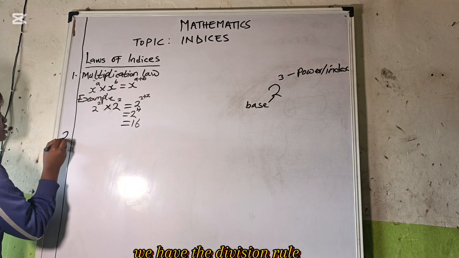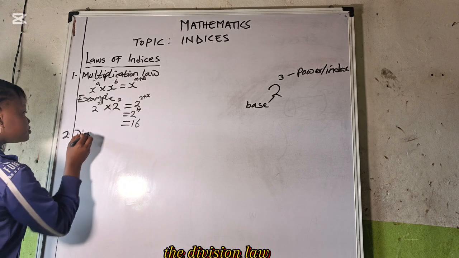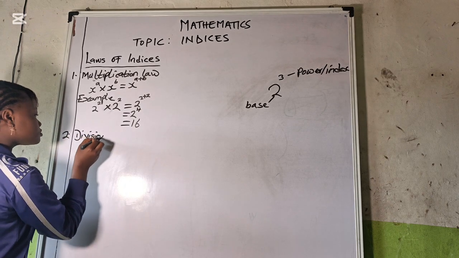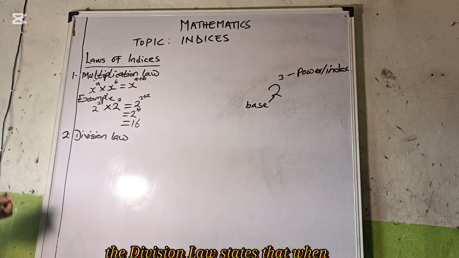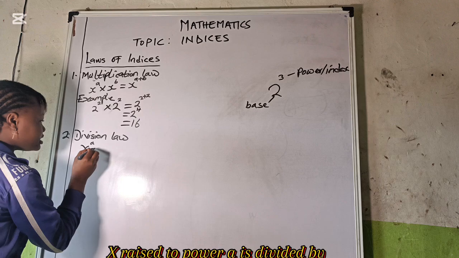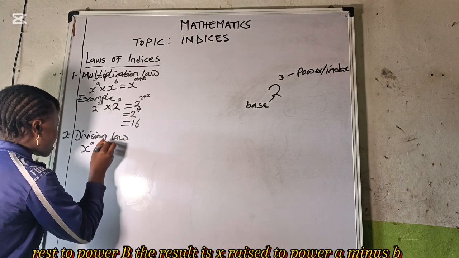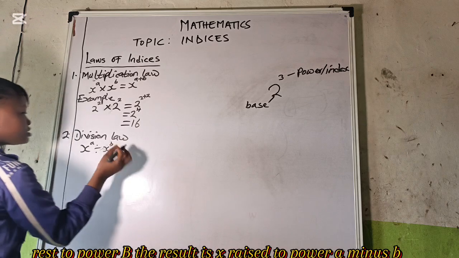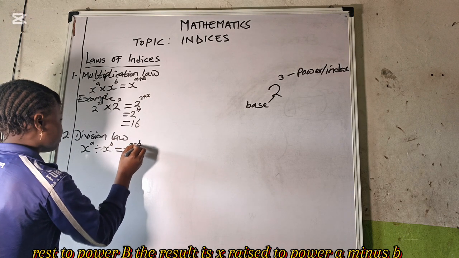Second rule, we have the division rule. The division law. The division law says that when x raised to power a is divided by x raised to power b, the result is x raised to power a minus b.